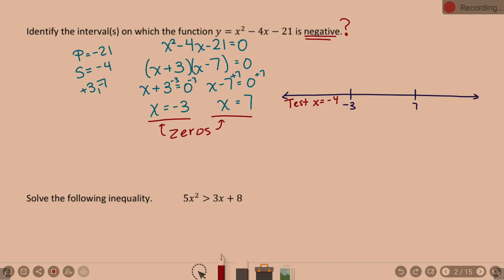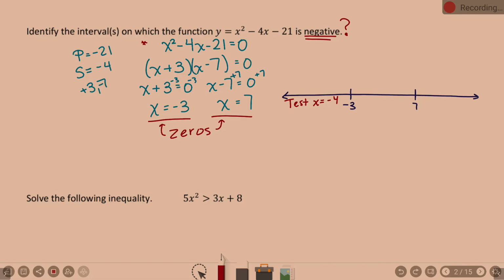Negative 4. Now, question, where are you plugging that into? Did you go back to the original? Because I'm going to give you an option if you want it. The original is a good place to fill it in.